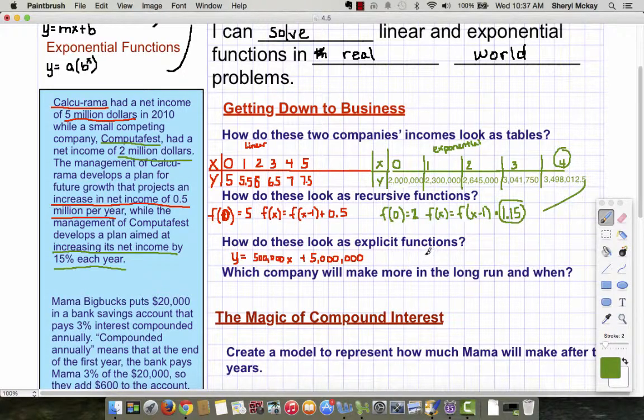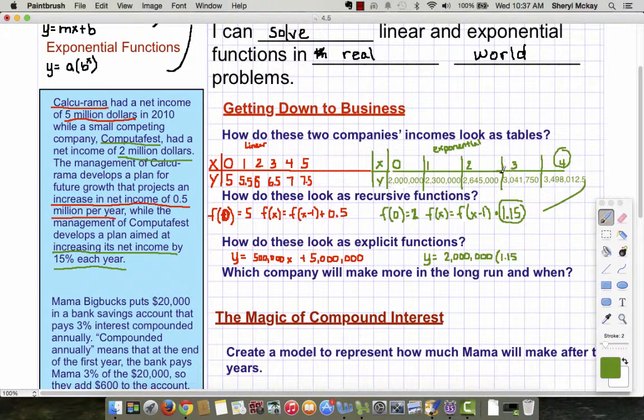So that means that our equation would look something like this. Y equals 2 million. So 2 million, that's where we started, right? And each time we're going to multiply 2 million by our change factor, 1.15.